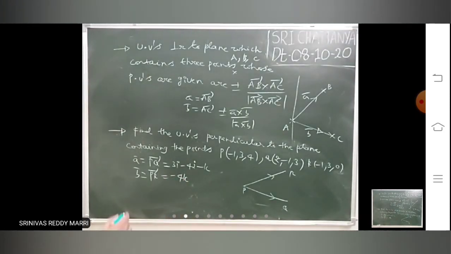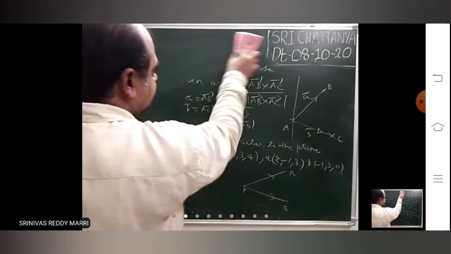Now your required unit vectors are A bar cross B bar divided by modulus of A bar cross B bar. So calculate A bar cross B bar.